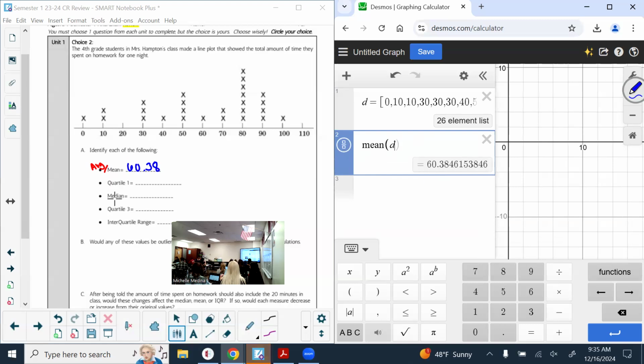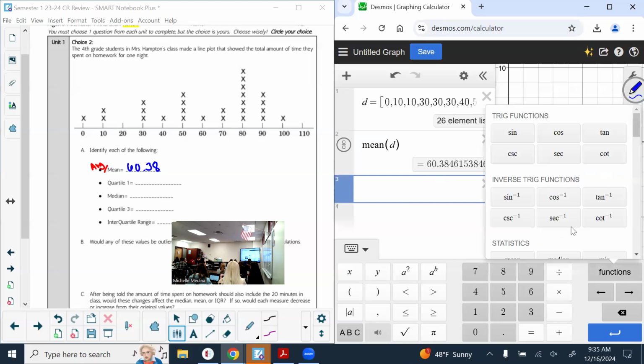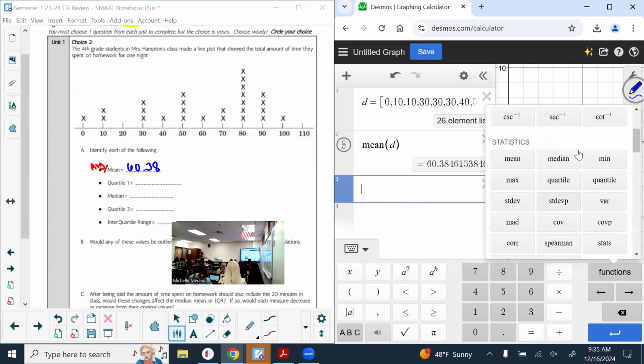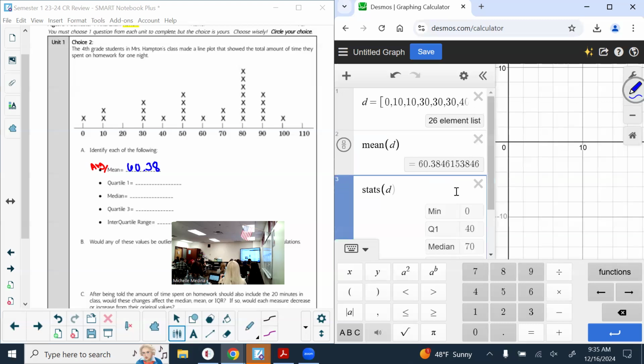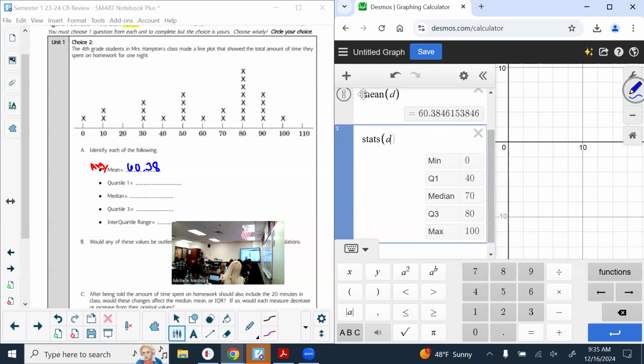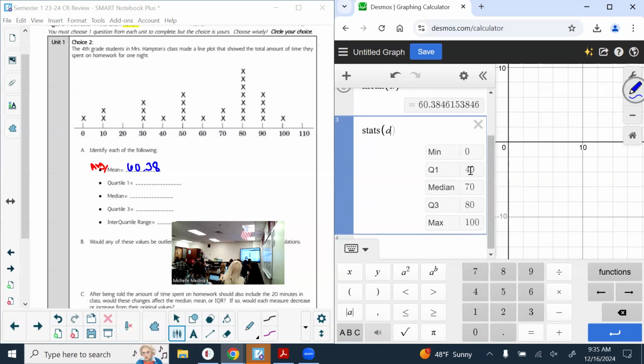And it says quartile 1, median, and quartile 3. Do you guys remember the easy way of finding those? Stats, which is a function in here. Right here. Or you could just remember to type in stats and then parentheses D, or whatever you called your data, so that it attaches to your list from earlier.